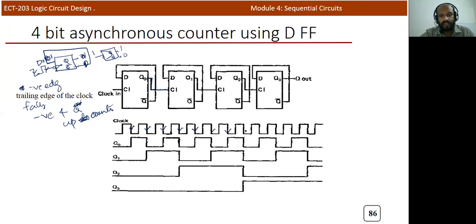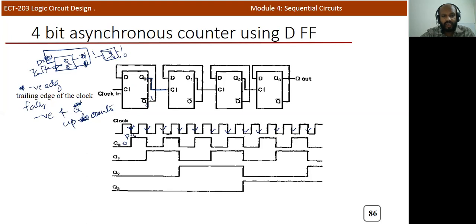At the falling edge, first we need to identify Q0. At this particular negative edge instant, Q0 is 0. If Q0 is 0, definitely Q0 bar will be 1. If Q0 bar is equal to 1, it means the D input should be equal to 1.